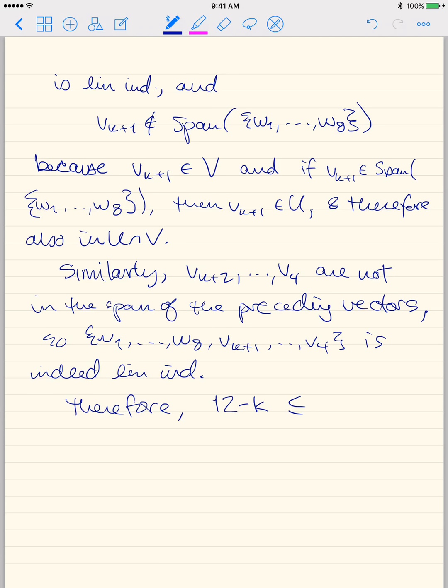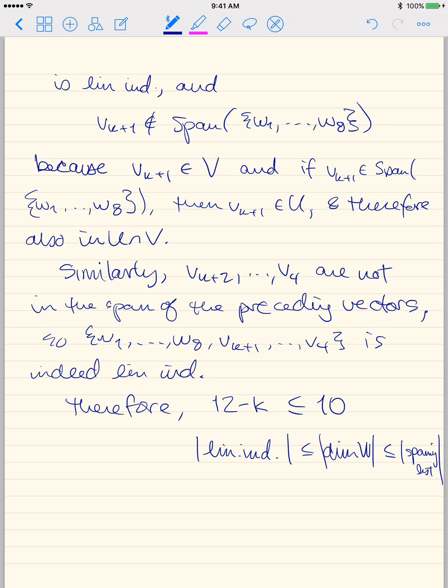Well, almost. We don't know that this list actually spans W, but we know it's in W and it's linearly independent. So, we have this result. Remember, we learned that the length of any linearly independent list is less than or equal to the dimension of the space, which in this case is W, which is less than or equal to the length of any spanning list.